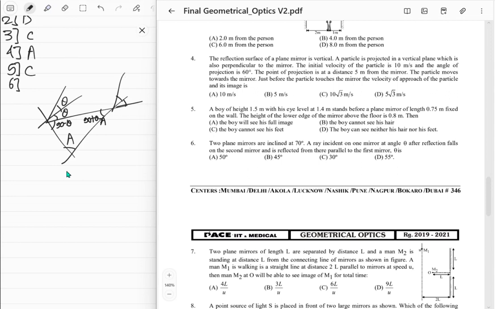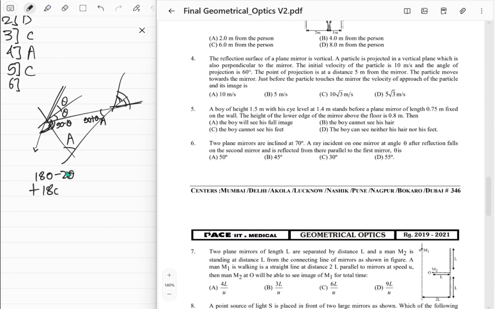So what's the deviation that this actually suffered? First you have this thing, so it's going to be 180 minus 2 theta, and then it suffers this deviation, which is 90 plus theta minus A, so 2 times that.